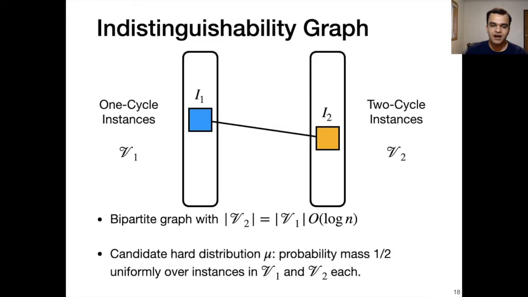And the candidate hard distribution that we use is that we put a probability mass of half over all the instances in V1 and a probability mass of half on all the instances in V2. And since the sizes are related as shown in the first bullet point, the instance I1 will have logarithmically more probability mass than the probability mass on instance I2.